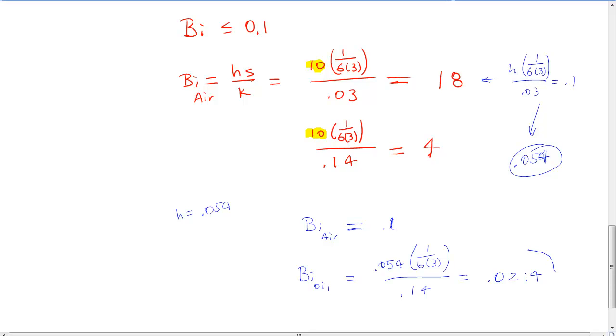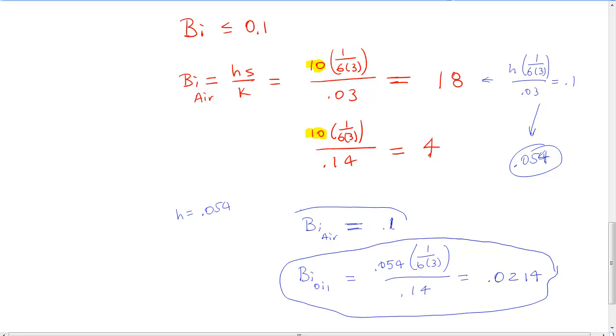So doing this in oil versus air, if the coefficient was slightly higher, or say instead of 0.05 it was 0.1, the assumption in air would probably not work.